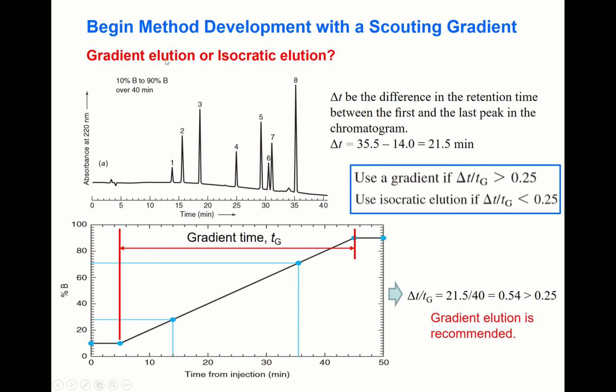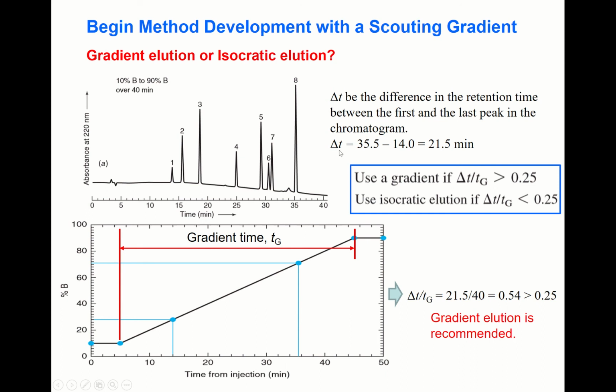To decide whether you go for gradient elution or isocratic elution, you first measure delta t. Delta t is the difference between the retention time of the last peak, in this case 35.5 minutes, and the first peak, which is 14 minutes.